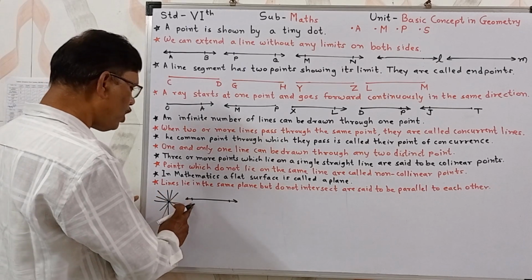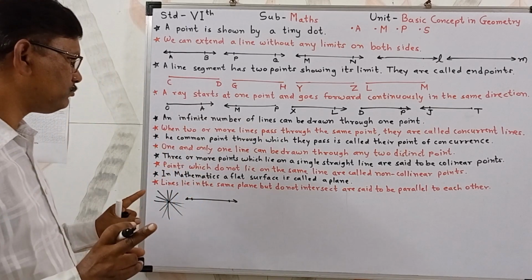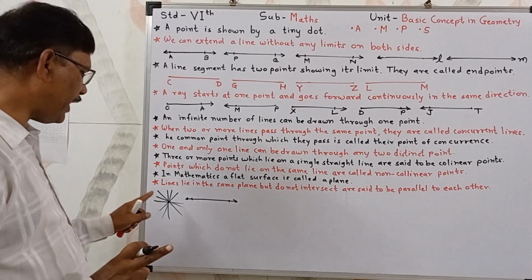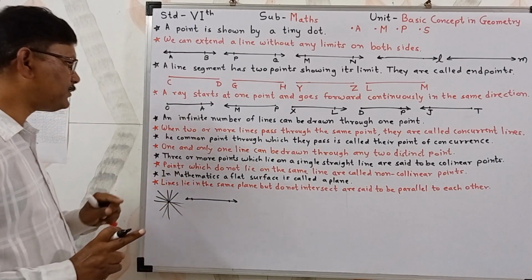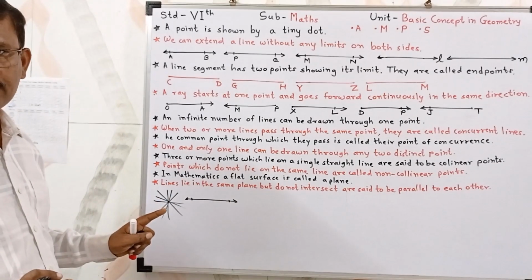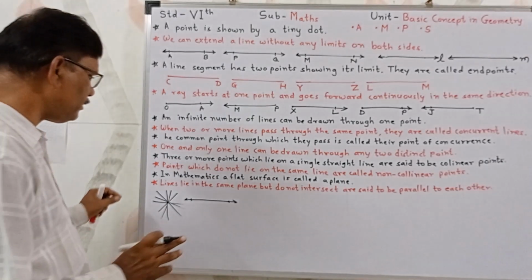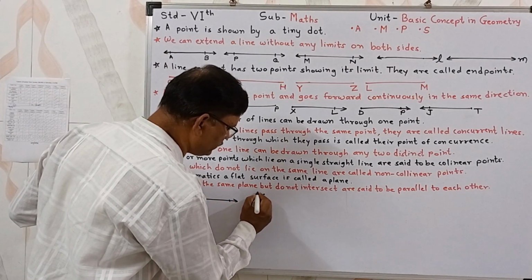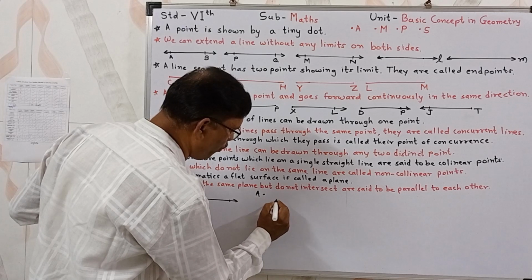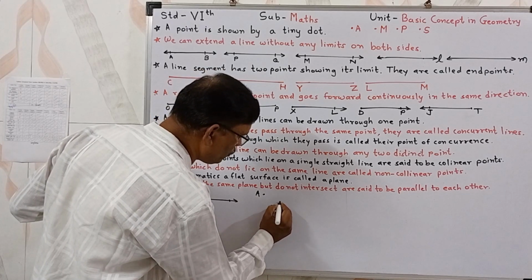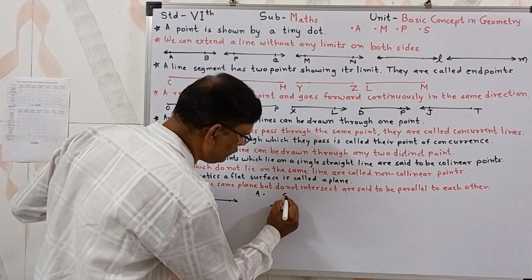Listen, we can draw only one line through 2 points, and we can draw an infinite number of lines through 1 point. Understood?